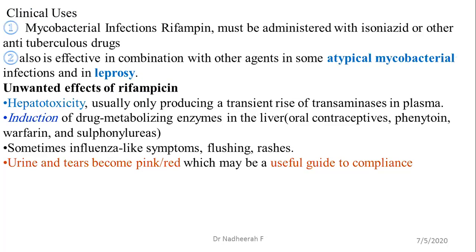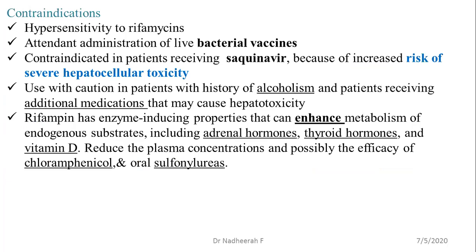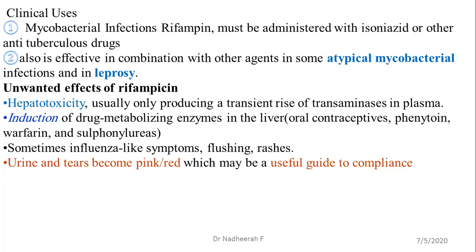There is also an effect on vitamin D, which can affect the normal physiology of the human body. It can also affect exogenous substances such as chloramphenicol and oral sulfonylurea, whose efficacy may decrease due to induction of metabolic enzymes. Clinical uses: mycobacterial infection, and it can be given with isoniazid and other anti-tuberculosis drugs.